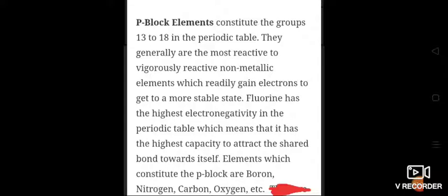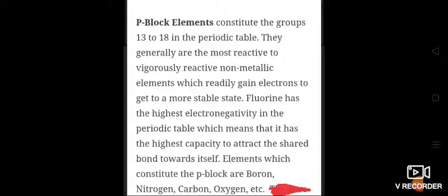They are most reactive and vigorously reactive non-metallic elements which readily gain electrons to get a more stable state. The compounds of these elements are mostly covalent in nature. They show variable oxidation states. Moving from left to right in a period, the non-metallic character of the element increases.